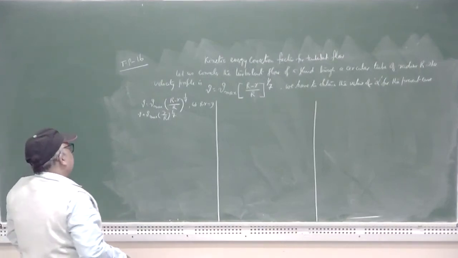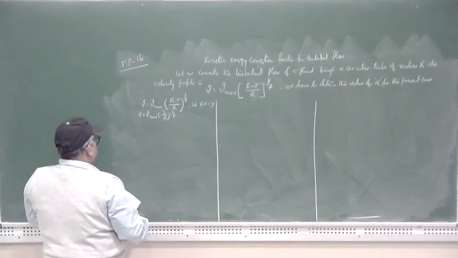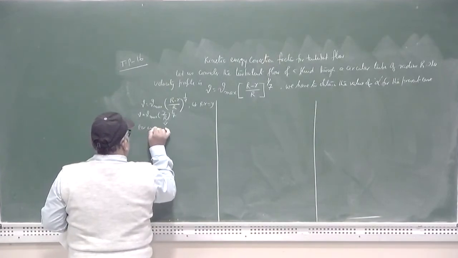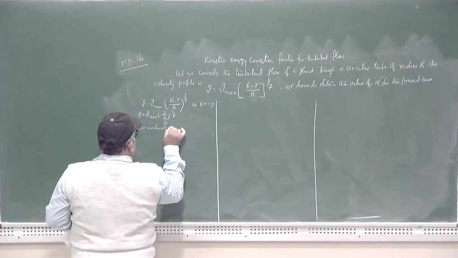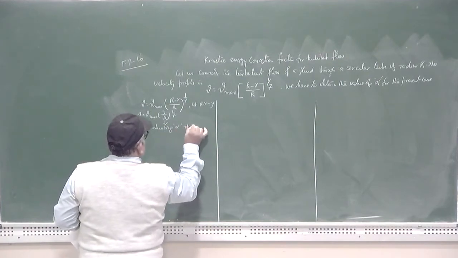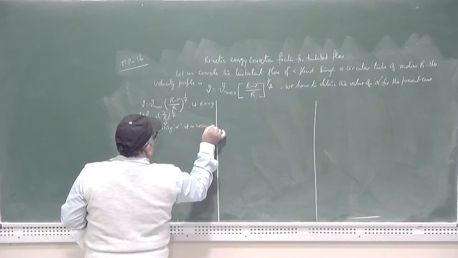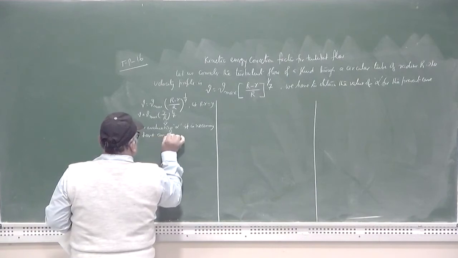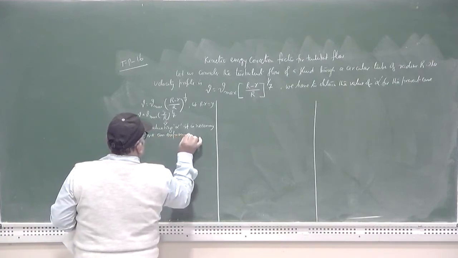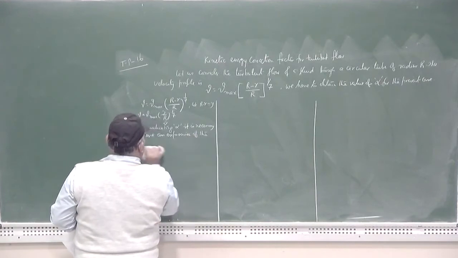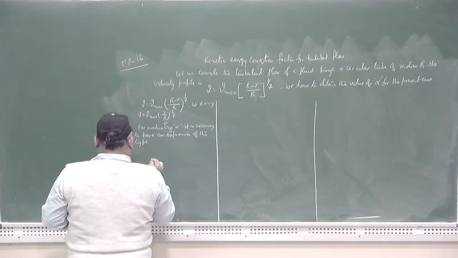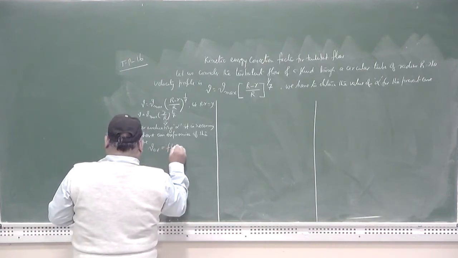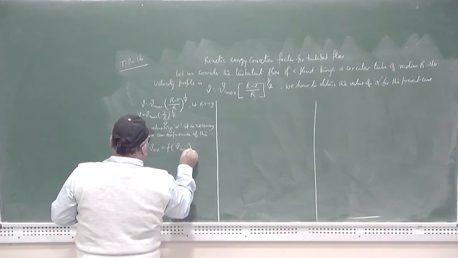The first task is, for evaluating alpha, it is necessary to have an expression where V average can be represented as a function of V max. So, this is the first task.